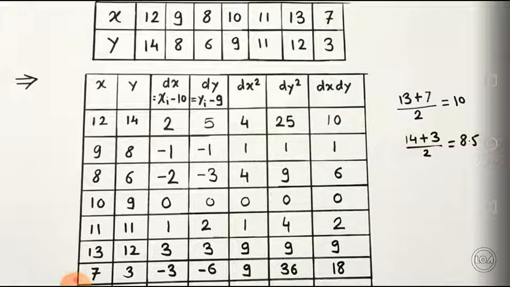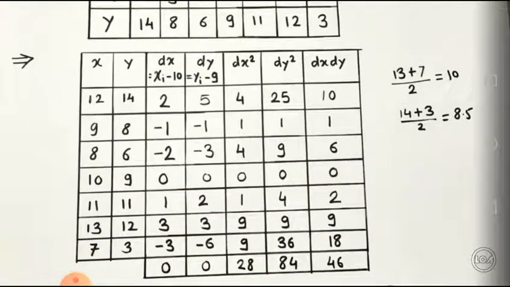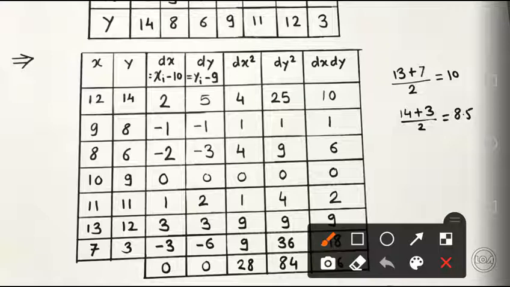In the next step we will sum up the values. So the sum of the dx column is 0, and dy's addition: 5, 2, 7, 3, 10, and minus 6 is 4, minus 3 is 1, minus 1 is 0, plus 10 minus 10 is 0.